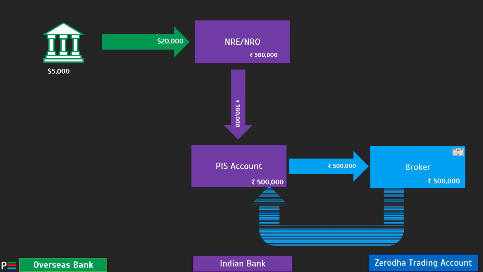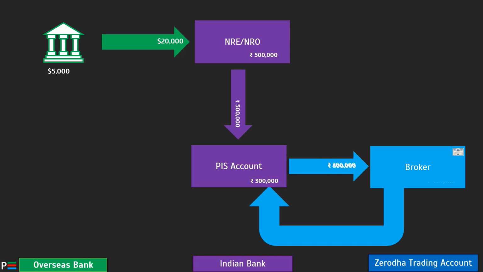Once I have purchased shares worth 2 lakh rupees, my bank is notified of the transaction by the broker and the bank deducts the amount and transfers those 2 lakh rupees back to the broker. So now my current balance in the PIS account is 3 lakh rupees and the same is reflected in my trading platform.